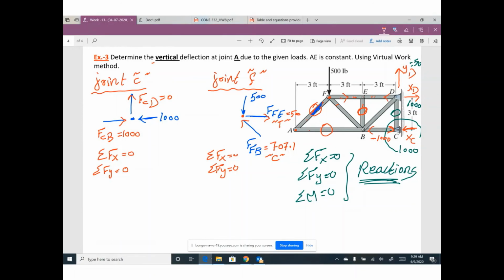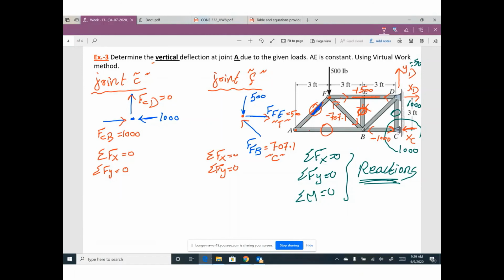Actually, you can treat this as one member because this one is 0. It's a positive 500, and this one is under compression, negative 707.1.